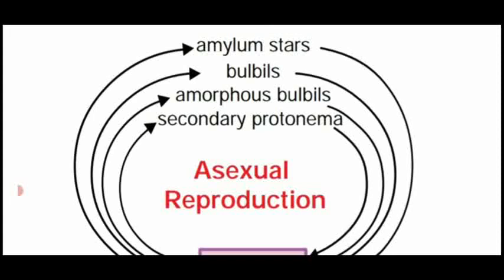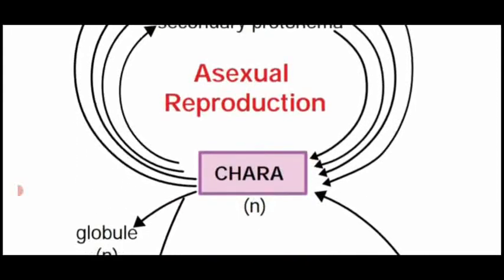Not only Chara, for each and every organism we are going to see in the different subdivisions of the plant kingdom, the life cycle is an important 3-mark question. So Chara does asexual reproduction by the production of amylum stars, bulbils, amorphous bulbils and secondary protonema.